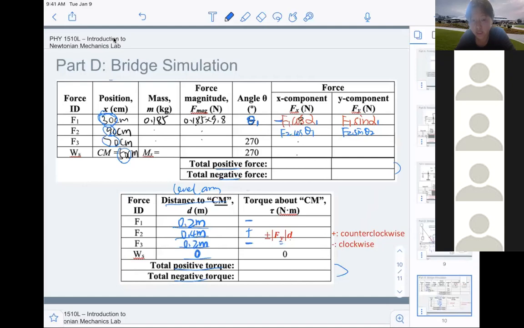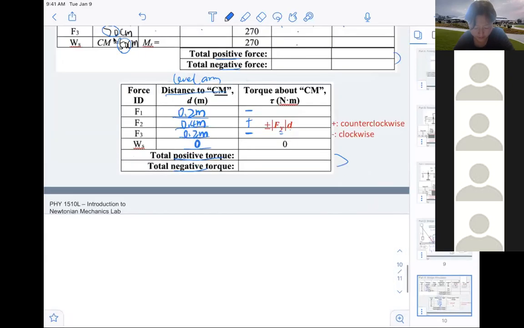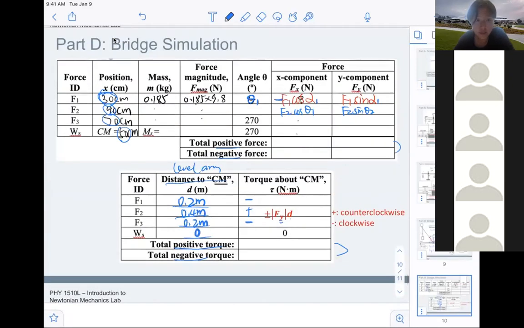So when we have our results, we want to make sure they're consistent. That's the last part of this lab. It's simply a bridge simulation where you read off these from the printout. Right, so that's all for today.